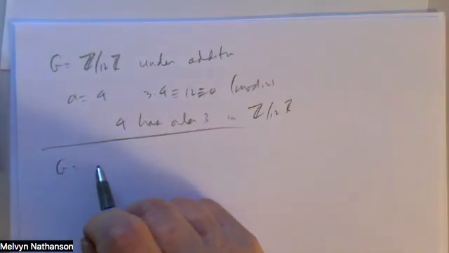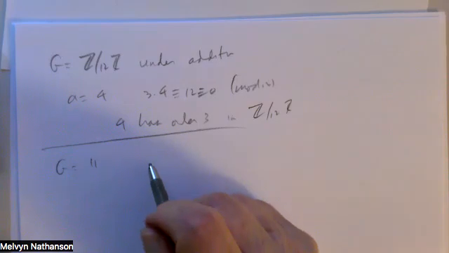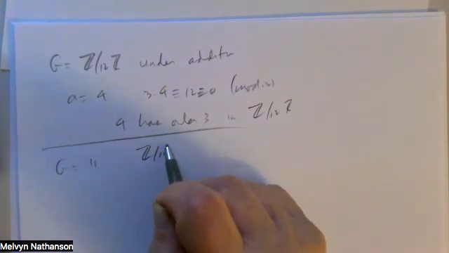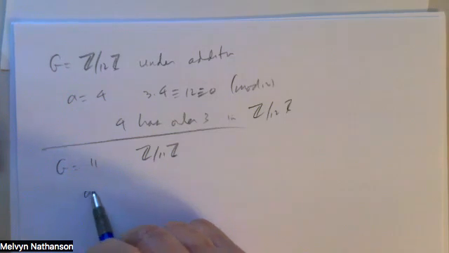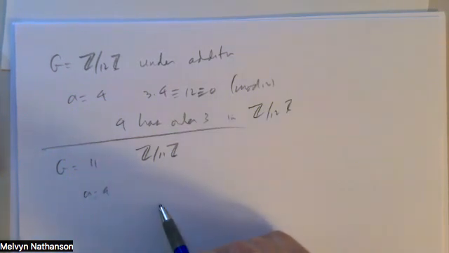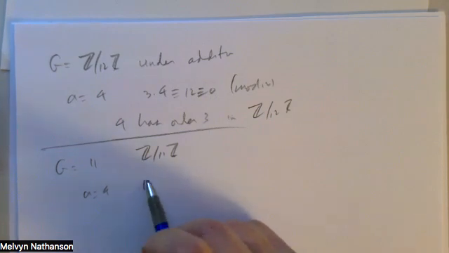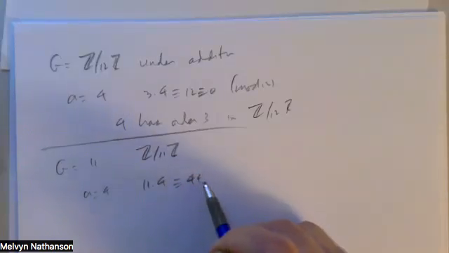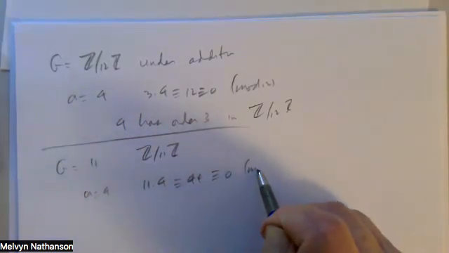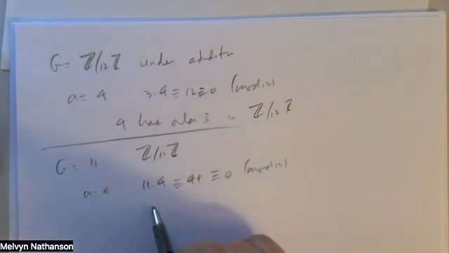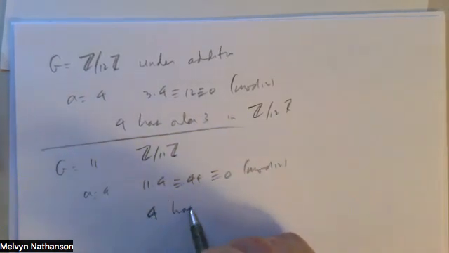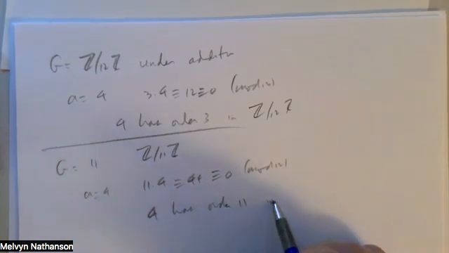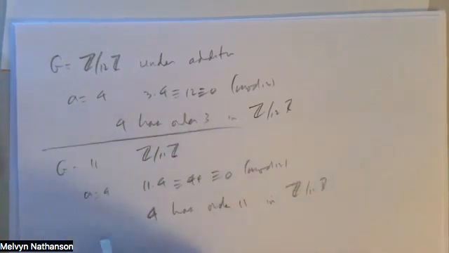If we look at Z mod 11Z, and we take A equal to 4, then if you start looking at the multiples of 4, the smallest multiple of 4 that is divisible by 11 is 11 times 4, which is 44. It's congruent to 0 mod 11. So 4 has order 11 in Z mod 11Z.